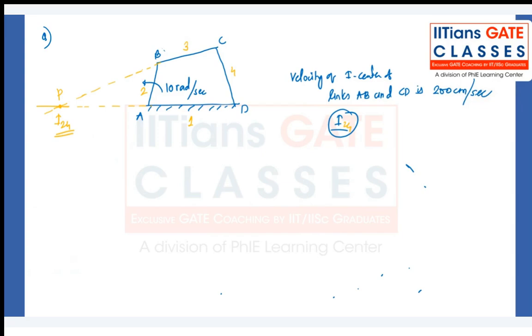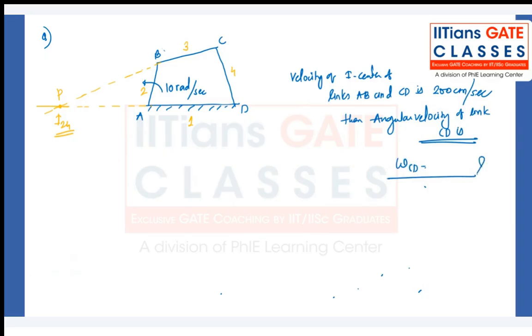Then the angular velocity of link CD is, so omega CD is what they are asking. Omega CD, how will you calculate?